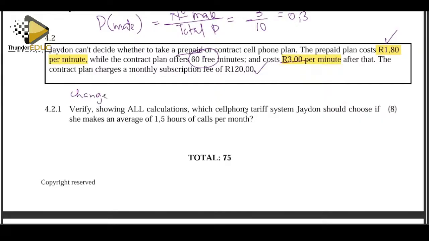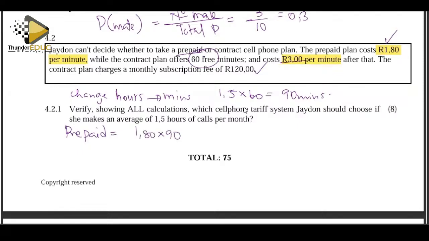Change hours to minutes, which is 1.5 hours multiplied by 60, ending up with 90. These have become minutes. So if it's to use prepaid, we shall say 1 rand 80 cent times 90, which gives you 162 rand.